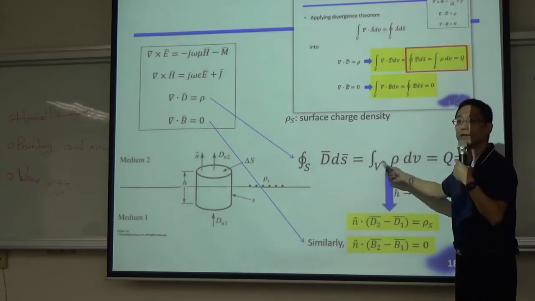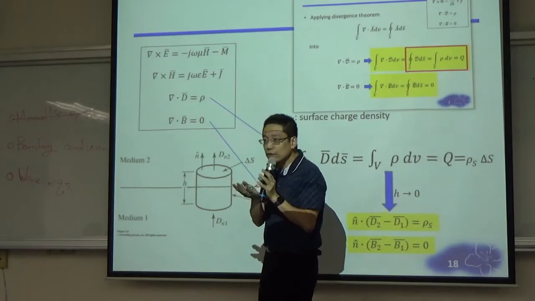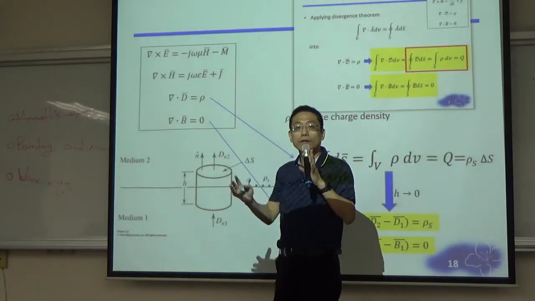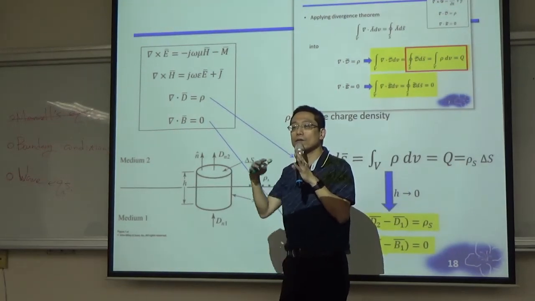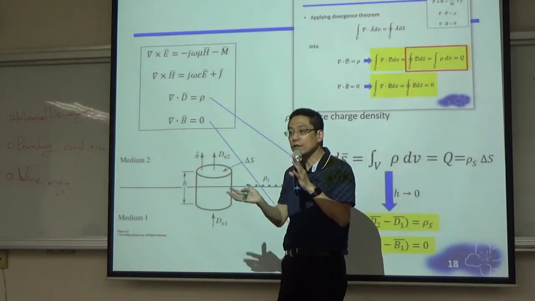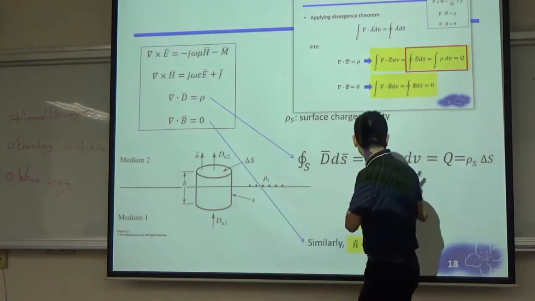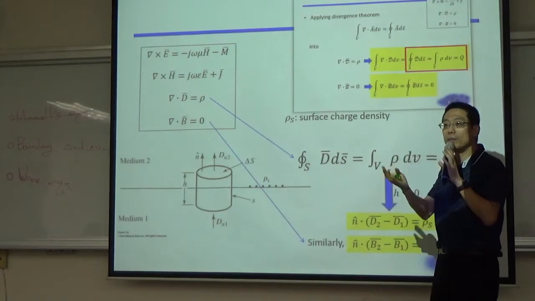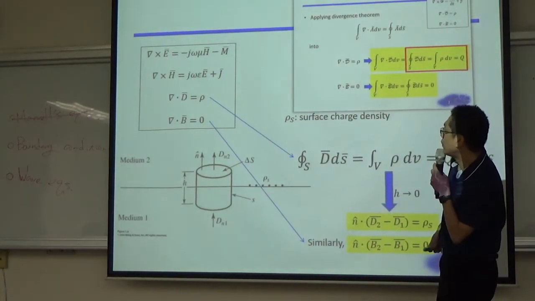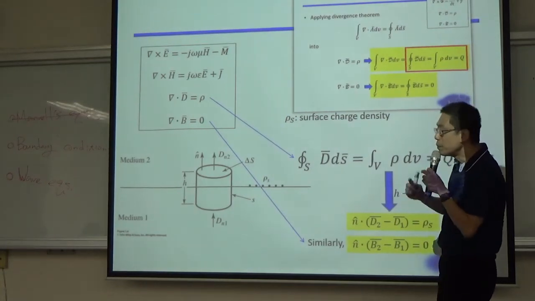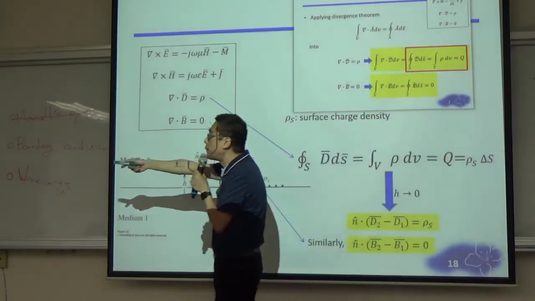Gauss's law, right? So what is Gauss's law? If there is a surface integration about something in the air, or in the media, if there is a closed integration, the result will equal Q. How many charges are in this surface, right? So what we are going to do is make a surface integration on the boundary.